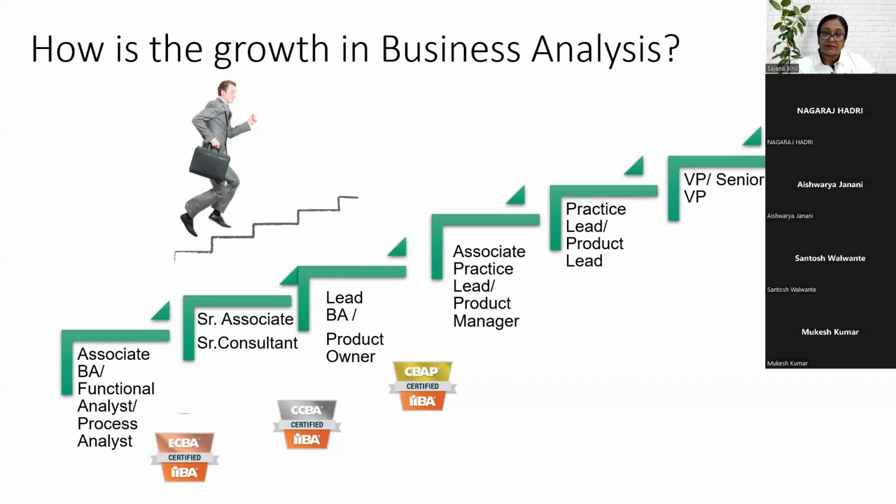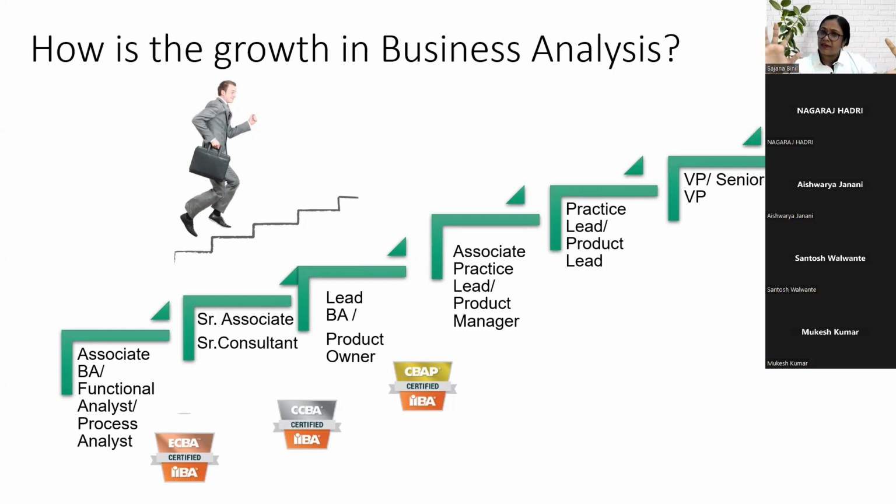If your company has a business analysis center of excellence, you become an associate practice manager there, and eventually a practice lead, VP, senior VP, and finally a CXO kind of a role. This career ladder differs from organization to organization. Remember that, because every organization has its own titles and different levels of progression.